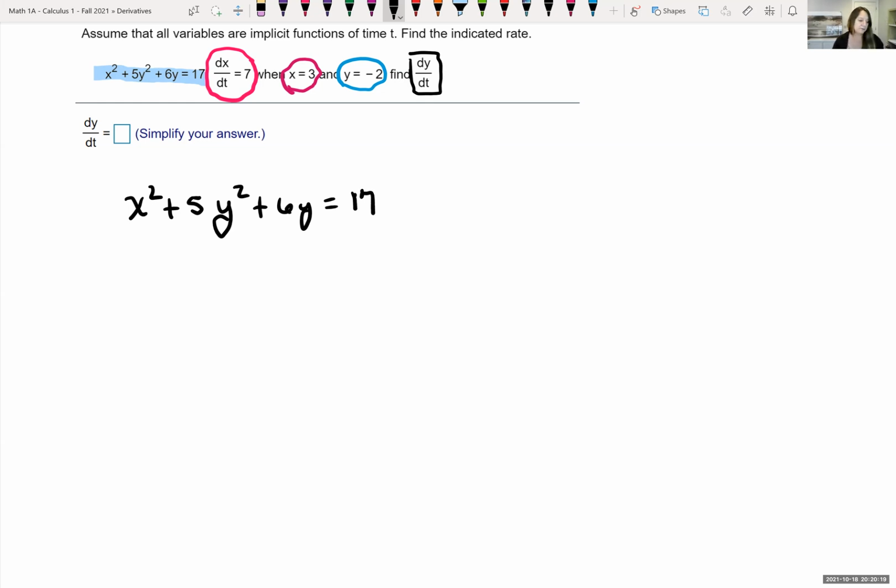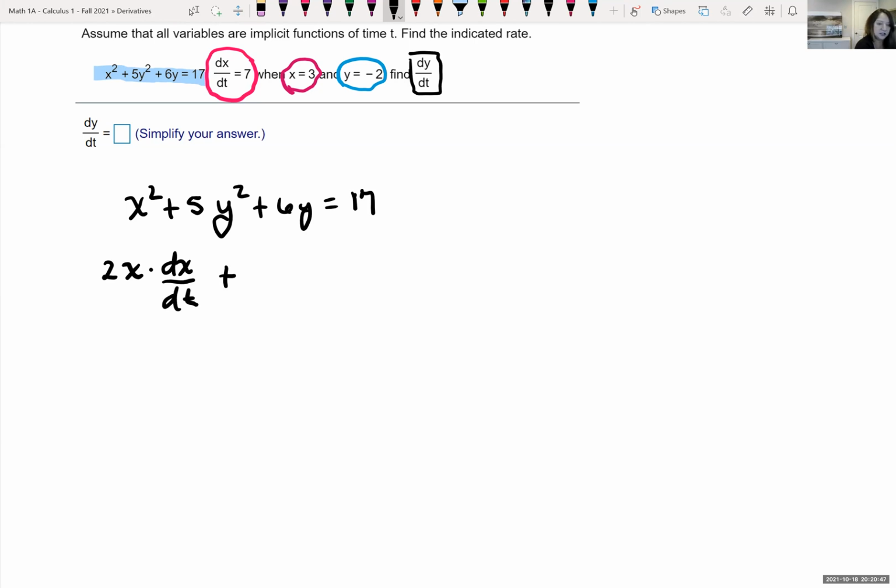So we're going to take the derivative of both sides of the equation, and I could denote that by d over dt of both sides. But now I'm just going to start taking the derivative. The derivative of x squared is 2x, but I took this derivative of x with respect to t, so I have to write dx/dt.